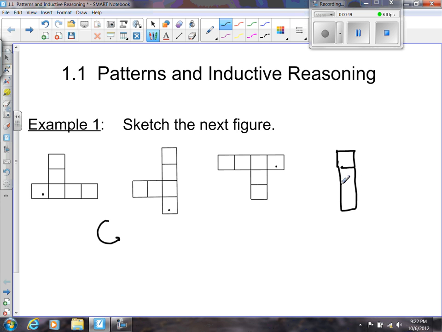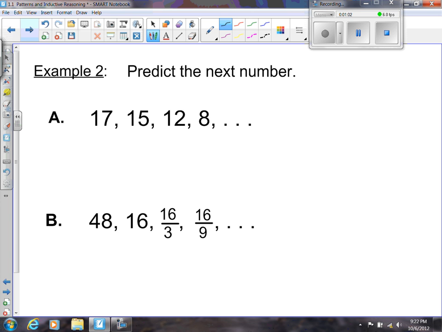It's 4 pieces long, and then 2 pieces this way. So it's just a visual pattern there. Our next example will be number patterns.